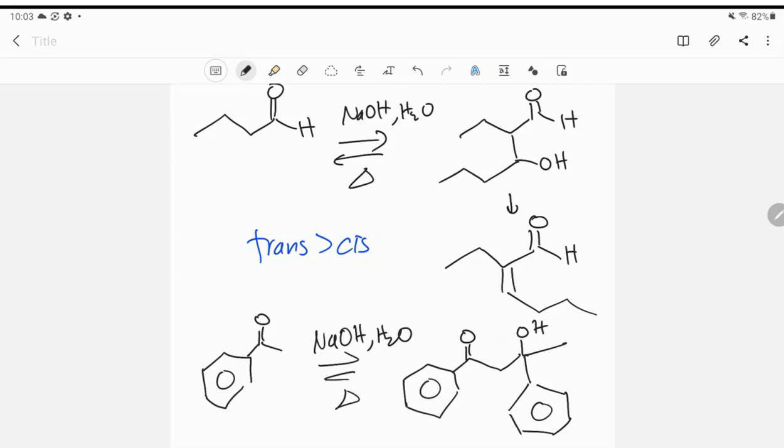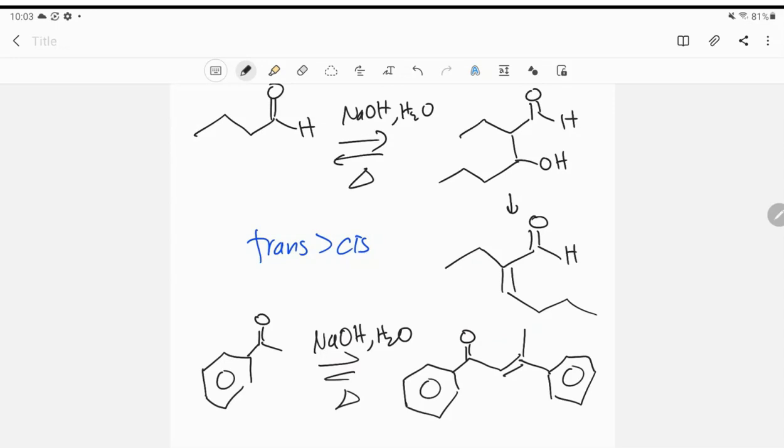There we go. So we're going to end up with, this is our original aldol product. And if we want to do the condensation product, we will just get rid of our hydroxy group. And now we've got a double bond there. That methyl group is still there, and the geometry is all terrible. And we're going to draw the trans double bond.